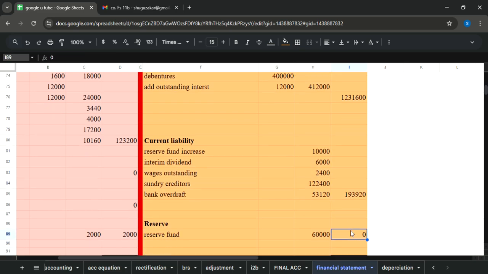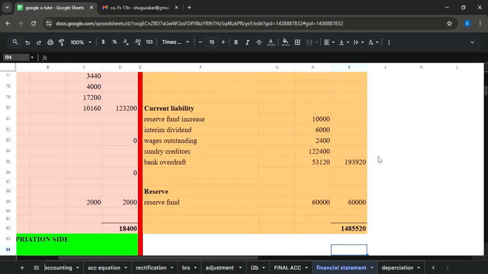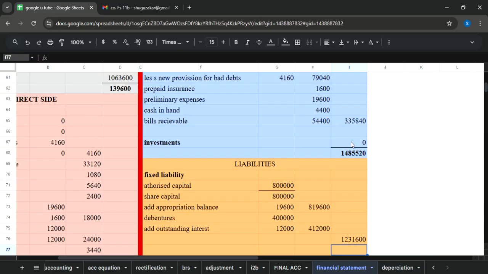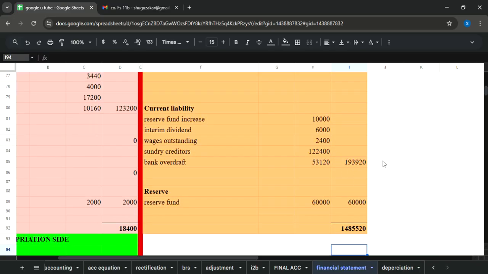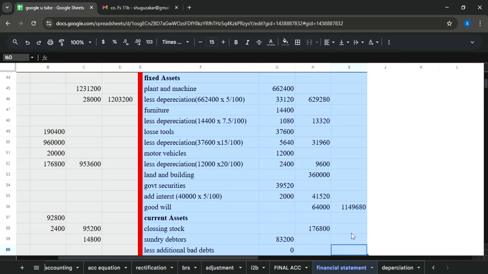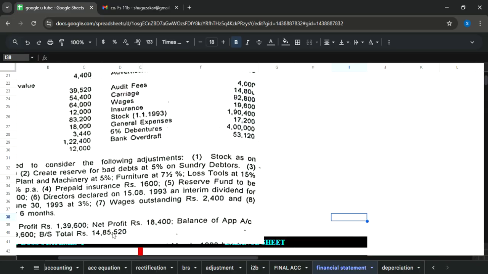There was only one reserve fund. It means total of fixed liability, total of current liability and reserves. The sum of these three would be the total of the liability side, 148,55,20. So the 148,55,20 answer is matched.